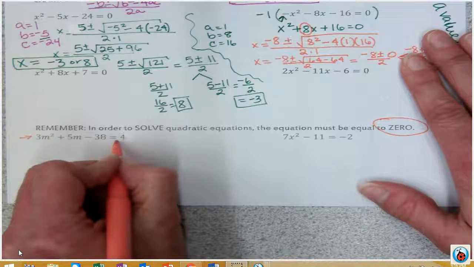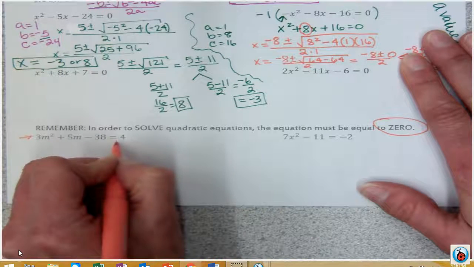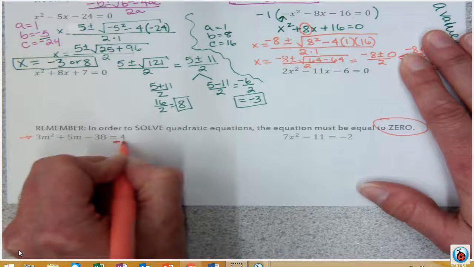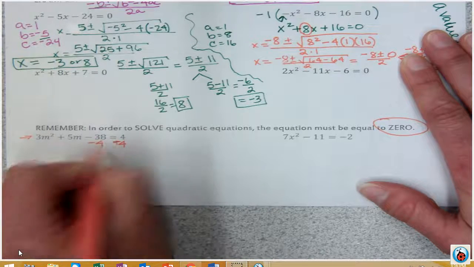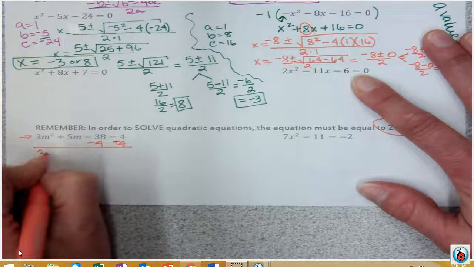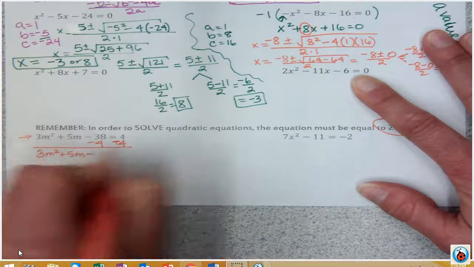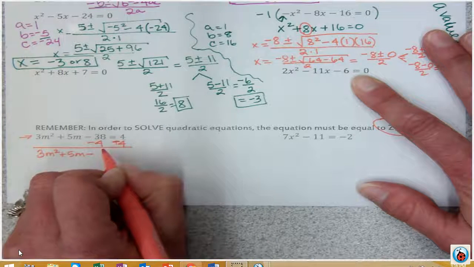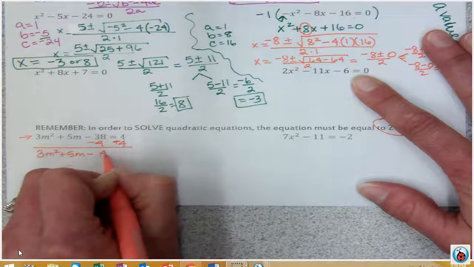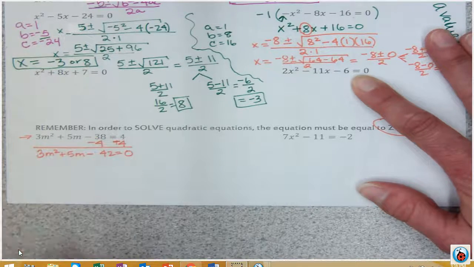So in order to do that, we've got to move this 4 to the other side. So we're going to subtract 4 from both sides. And we're going to end up with 3m squared plus 5m minus 38 minus 4 is 42. And that's going to equal 0.